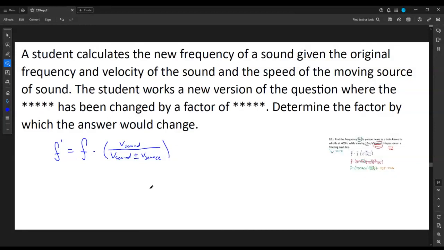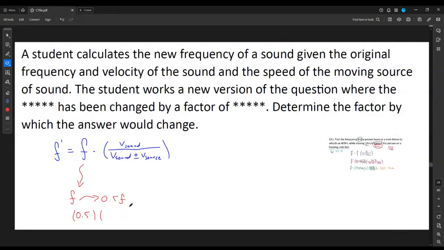Okay, then it kind of depends on what's changing here. The only thing I think that's really easy to tell what's going on is the original frequency here. So if the original frequency is adjusted by some factor, so say whatever it was, we took it and we multiplied it by a half, then what will happen is we will have 0.5 here, and then that's going to multiply.